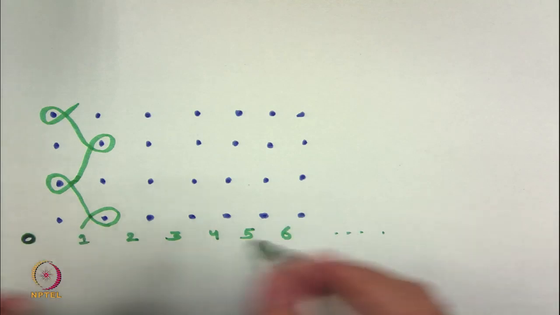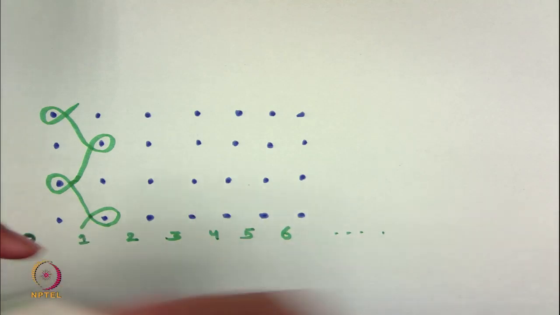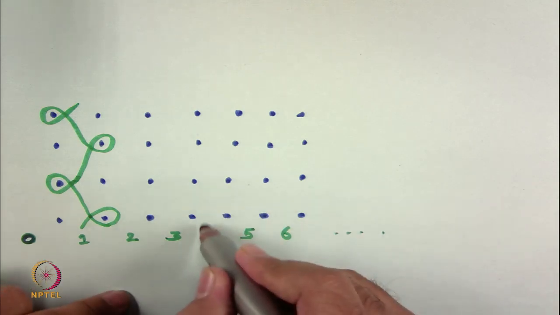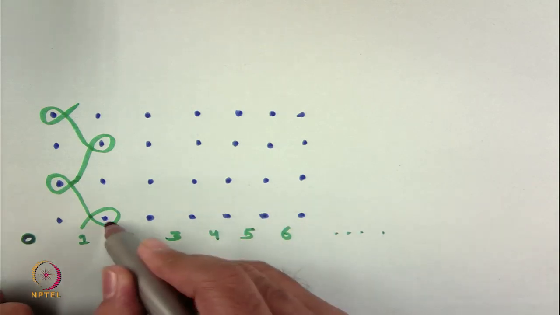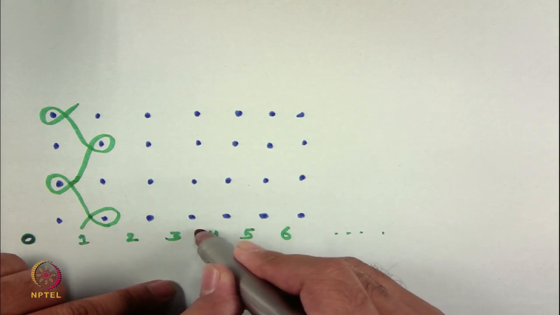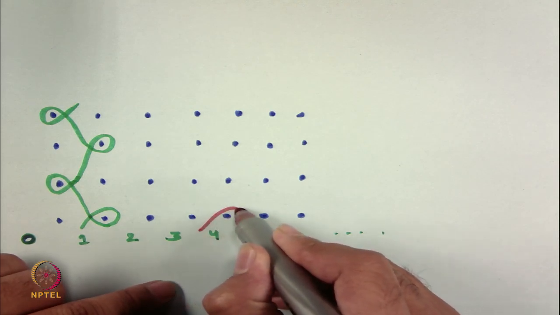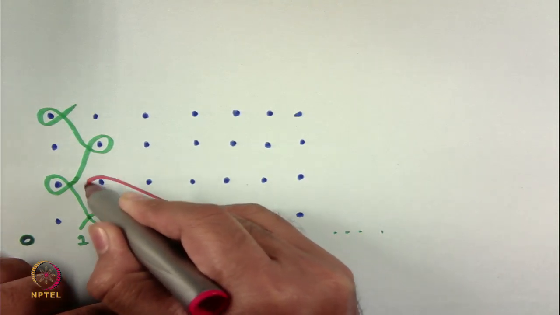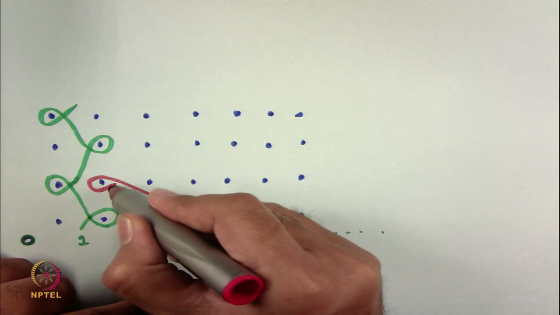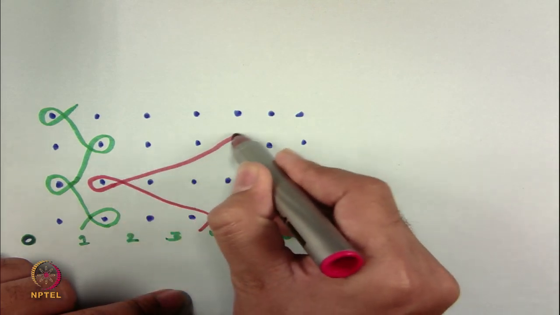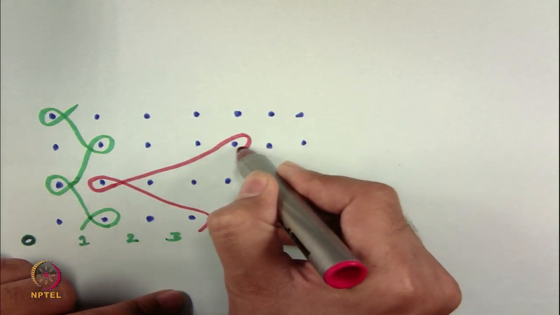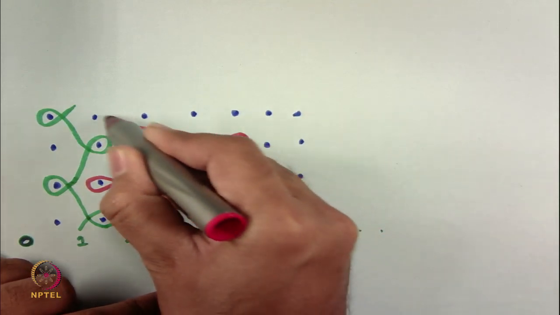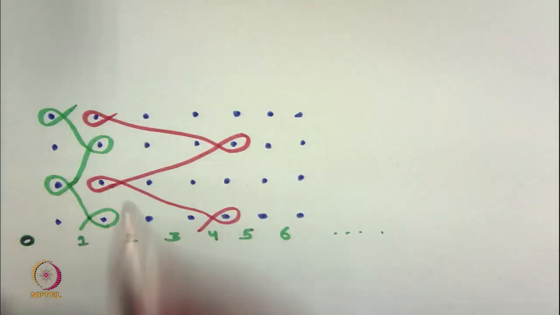So, let me show you with a different color. So, fourth needle, and this is the first needle. So, it first makes the loop with the fourth needle, and then it is making a loop with the first needle, and then again this needle, and then it is making a loop with the first needle. So, this is how it is making.